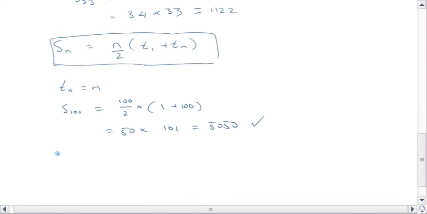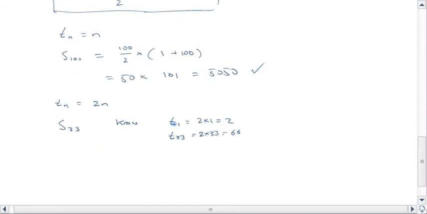So now let's do the sequence that we did before, Tn is equal to 2n, and work out S33. We know T1 is equal to 2 times 1, which is 2. T33 is equal to 2 times 33, which is 66. Now let's plug that into our formula.